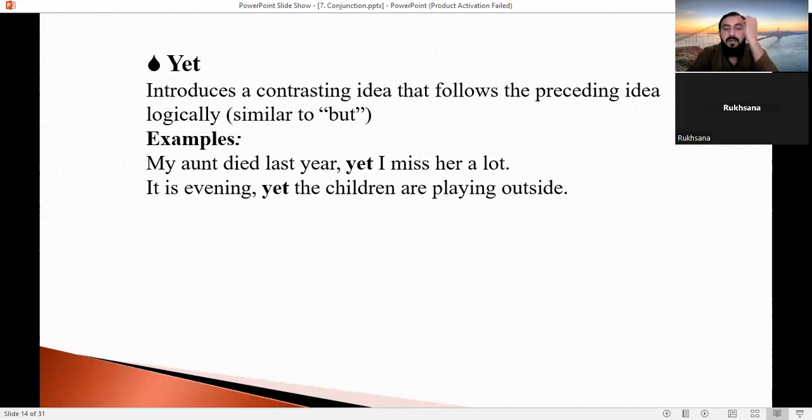For example, I studied a lot for the exam the whole week, yet I failed the test. So it's a surprising idea. How can a person fail the test who studies hard continuously and still he fails the test? So it's something surprising.